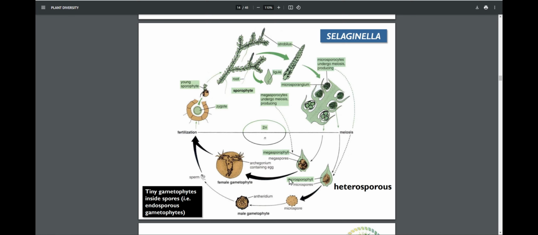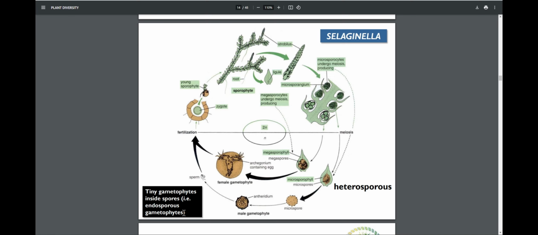These microspores would become the male gametophyte with the antheridium to produce flagellated sperm. This needs water. While the megaspores would develop into the female gametophyte with archegonium that has the egg, and then it allows fusing.